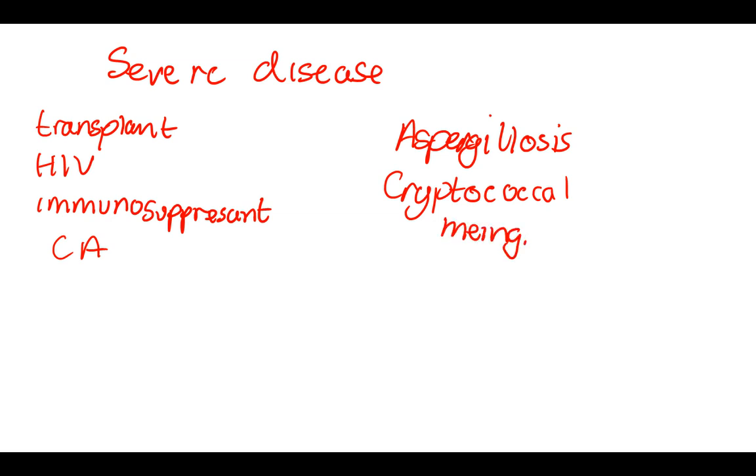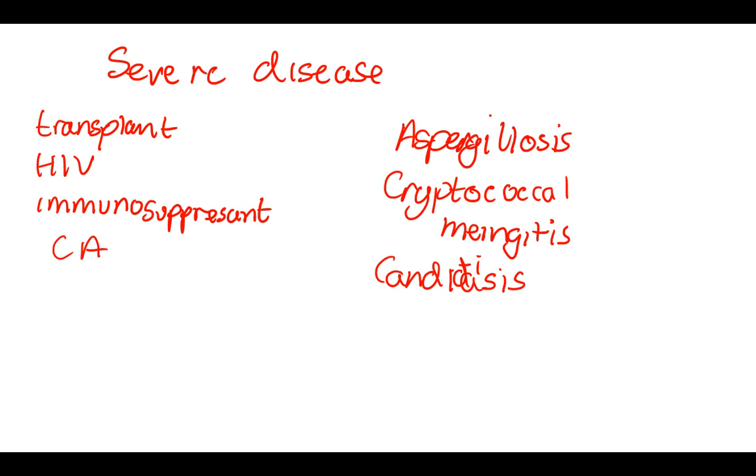And you can get systemic Candida infections, candidiasis. Sorry, I spelled that wrong there. I'm not going to clear it up though. Adds to the mix. So you can get these severe diseases.